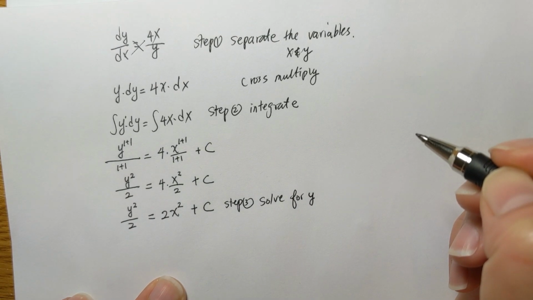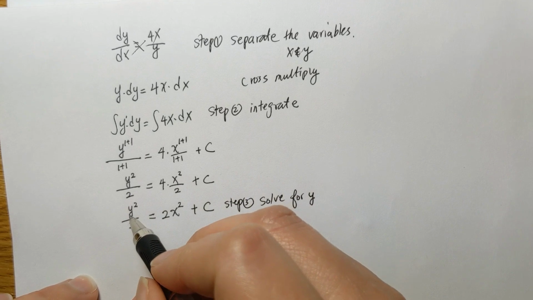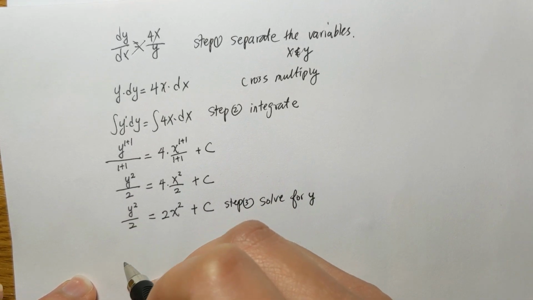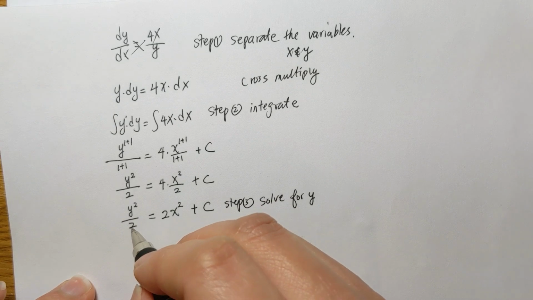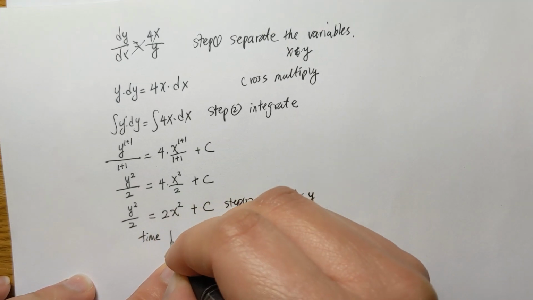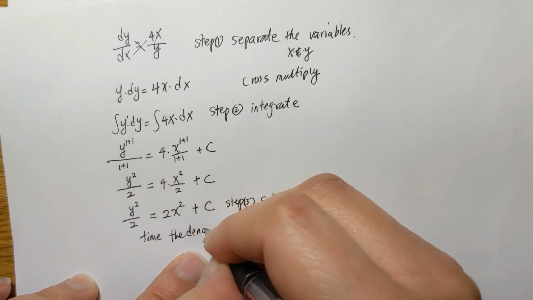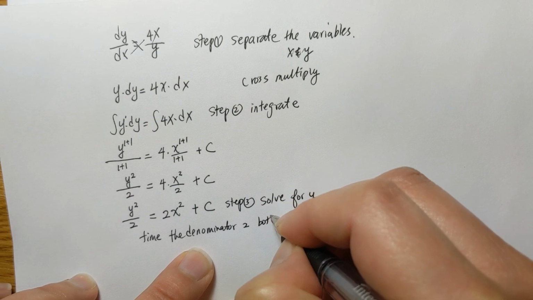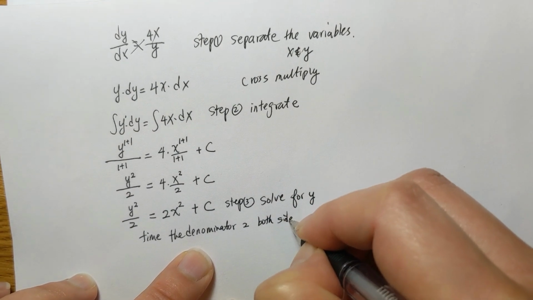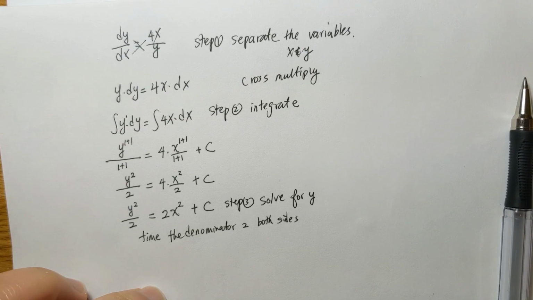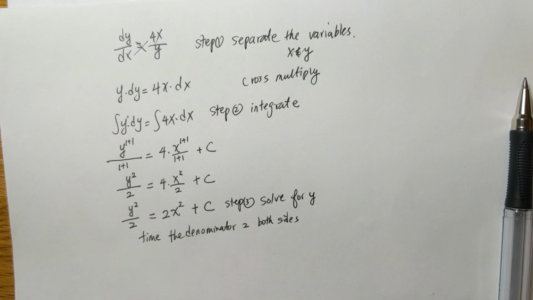Because we want to solve for y, and we have y squared over 2, we have to eliminate the denominator first. The denominator is 2, so we multiply by 2 on both sides.